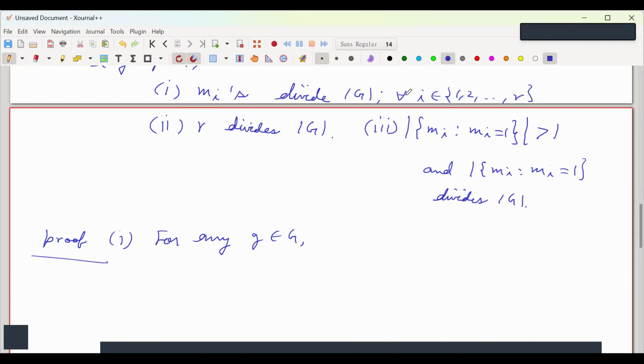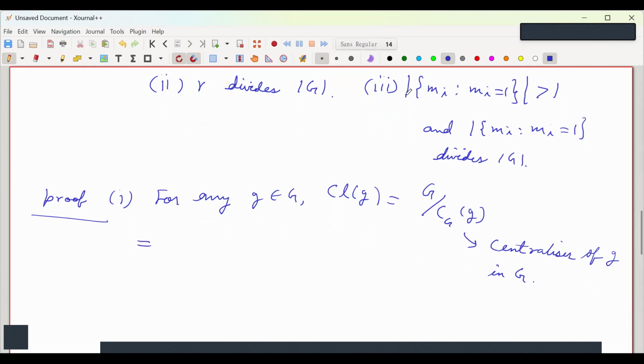Okay, very good. So for any g belonging to G, the class of g is the same as G modulo the centralizer of g in G, right? This is what the notation means.